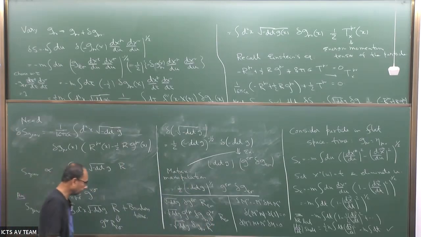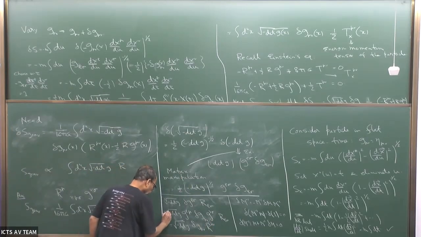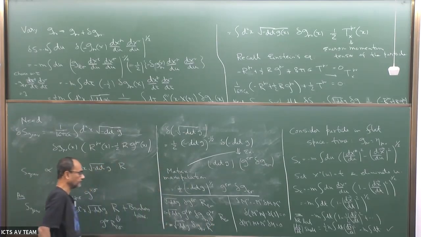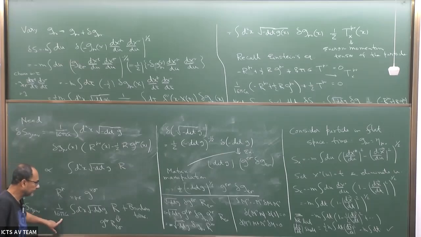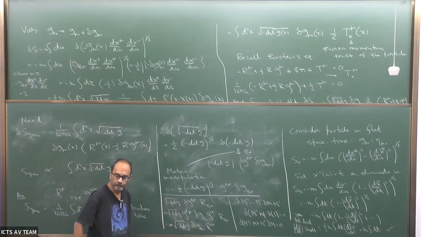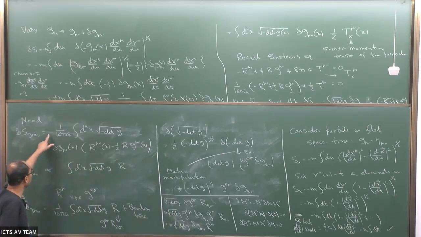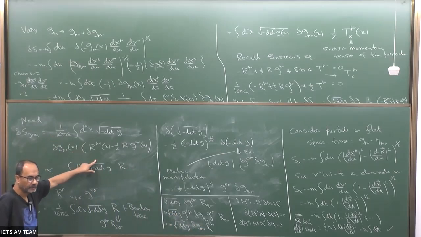That gets you the minus sign. So when you vary this, you recover minus 1 over 16 pi G times delta g mu nu R mu nu. That's exactly this term. Minus 1 over 16 pi G delta g mu nu R mu nu. So two of the terms you have gotten.